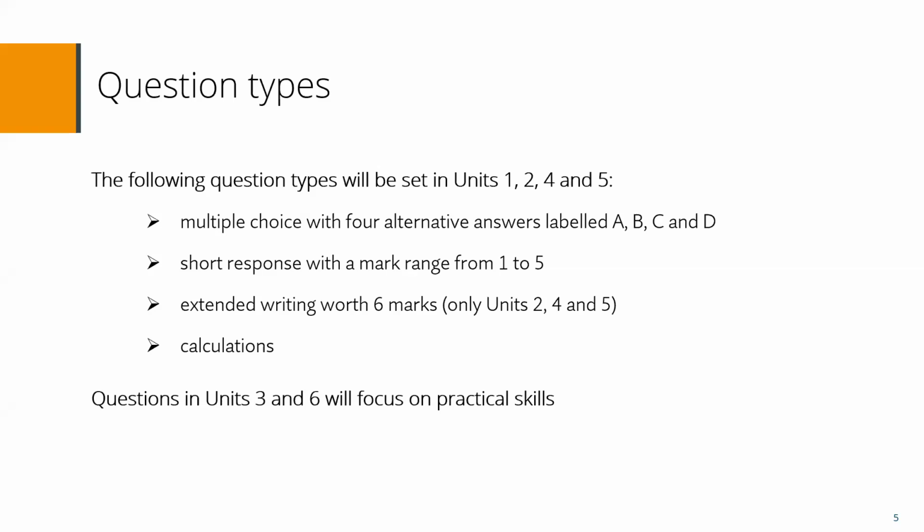Unit 3 is the experimental skills for AS, setting questions on everything they've dealt with in units 1 and 2, and unit 6 is the A2 experimental skills paper, and that will be largely working on what they've dealt with in units 4 and 5, but also, of course, as I mentioned yesterday, the tests for cations, anions, gases, and organic functional groups that are met in units 1 and 2 will also be tested in unit 6.